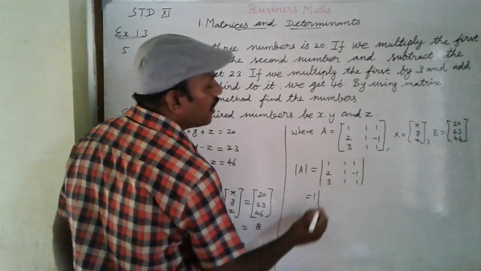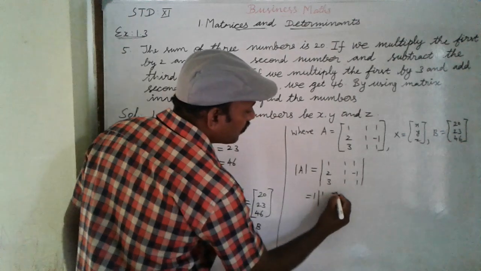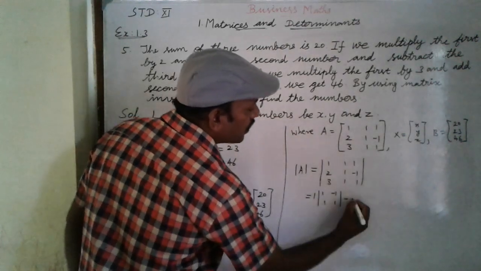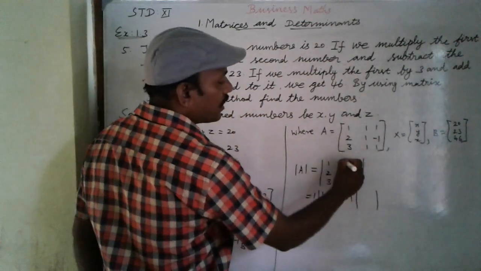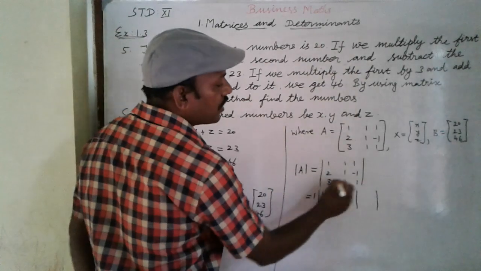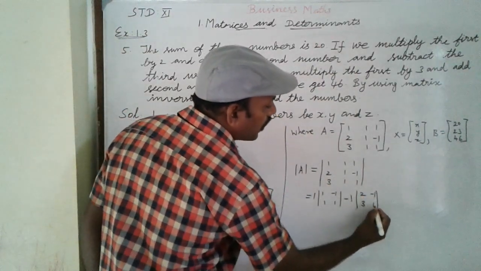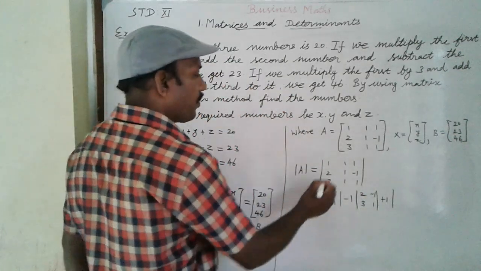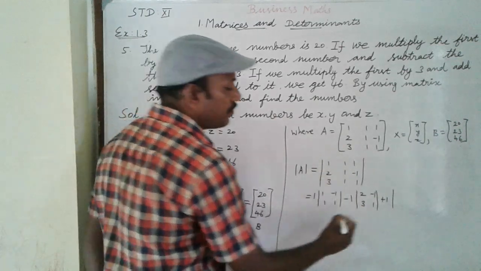Expanding along the first row: 1 times the determinant of 1, minus 1, 1, 1, with the first row and column eliminated. Minus 1 times the determinant of 2, minus 1, 3, 1. Plus 1 times the determinant of 2, 1, 3, 1.